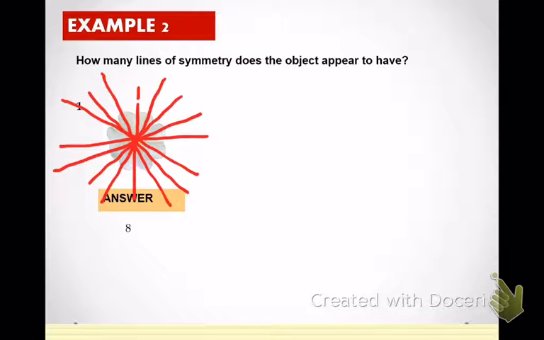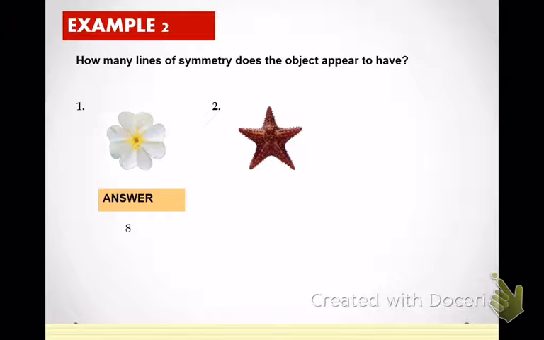All right. How about the starfish? How many lines of symmetry do you think it has, Jacob? Let's see. We've got one here, one here, and one here. So there's 3. I don't think anybody sees any more. I would say 3. And it says 5. All right, let's draw it again.